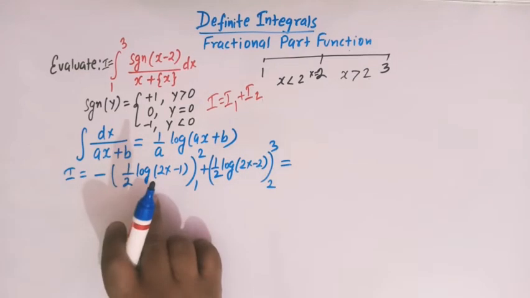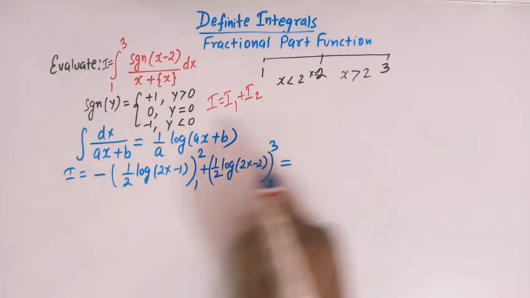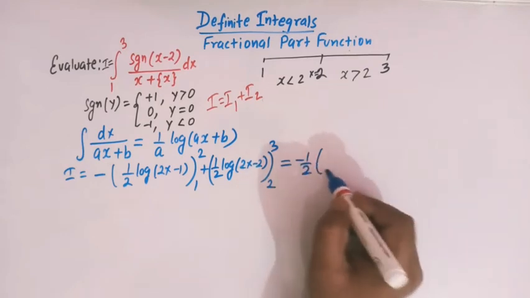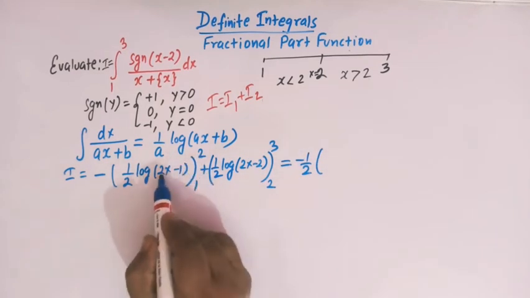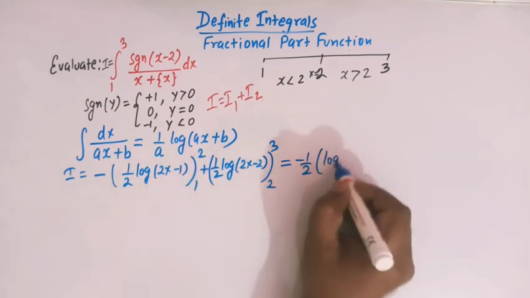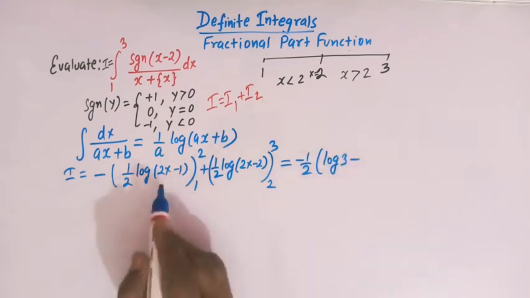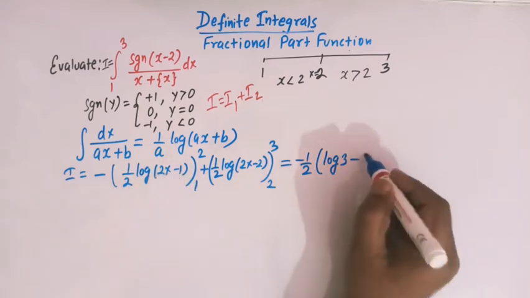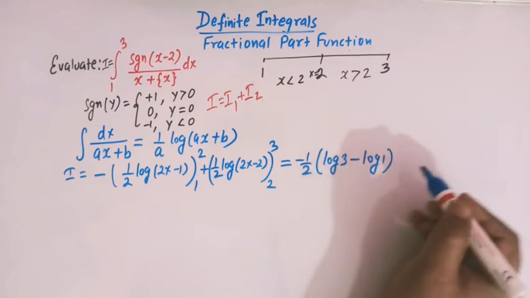So for the first term, we can take half outside, so we have minus half, and when we take x equal to 2, we have log of 4 minus 1, that is log of 3, and if we take x equal to 1, 2 minus 1 is 1, so we have log of 1.